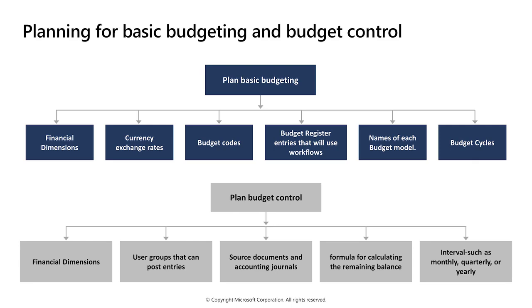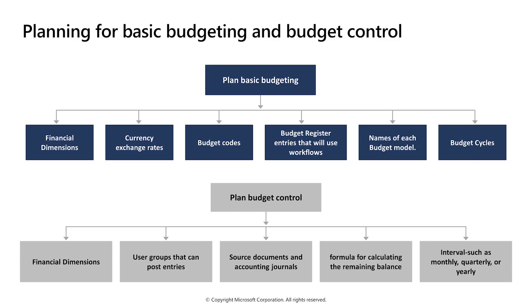A budget threshold is the level of budget usage at which we can prevent posting or display a warning message. For example, if a threshold is 80, we can warn a user during the entry that 80% of the budget for the selected account has been reached.